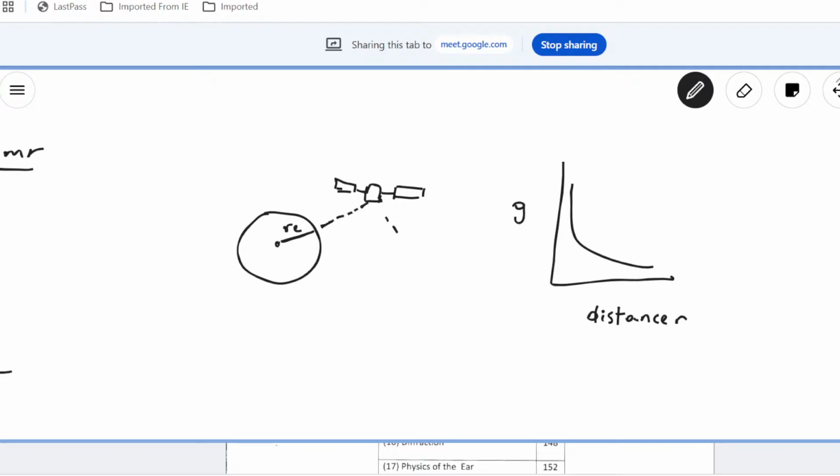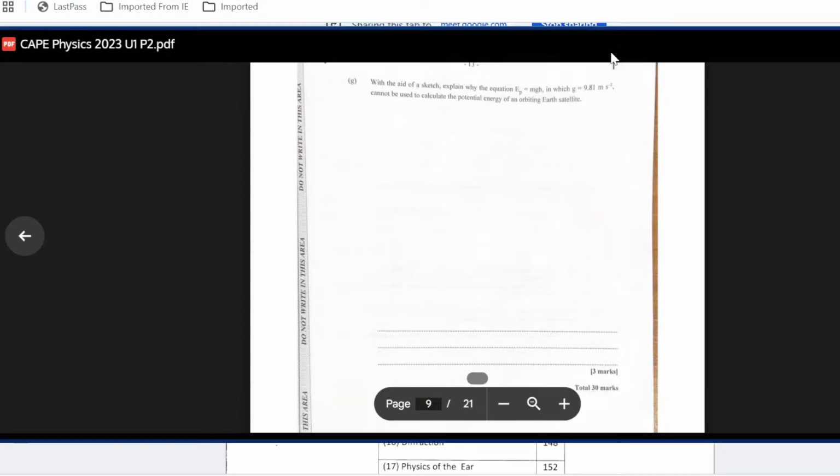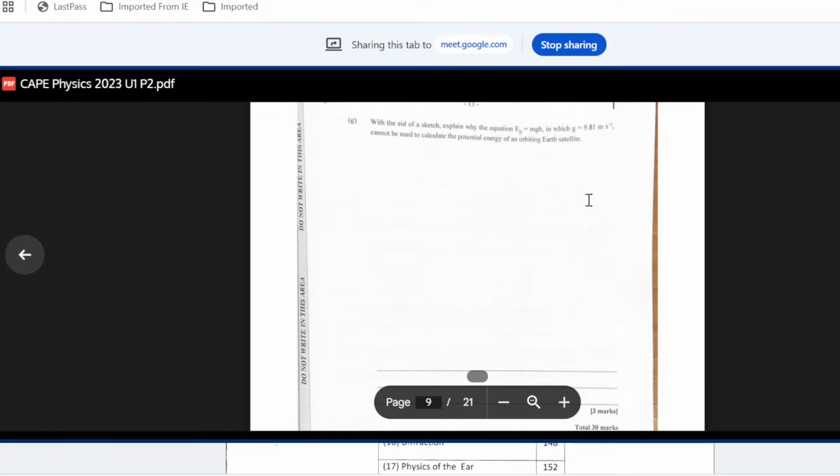Where is it? Right here. Alright, so the 9.8, that 9.81, that's only for objects that are close to Earth. So once it's far from Earth, then we can no longer use that relationship.